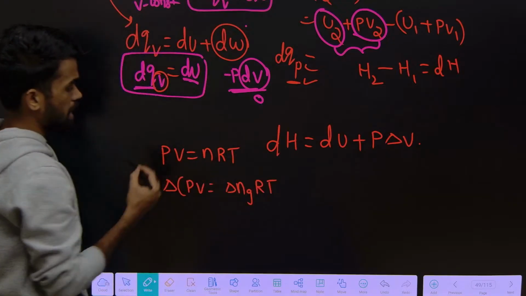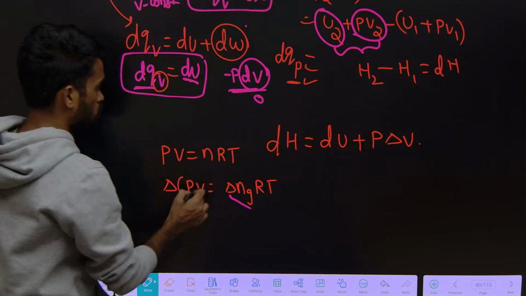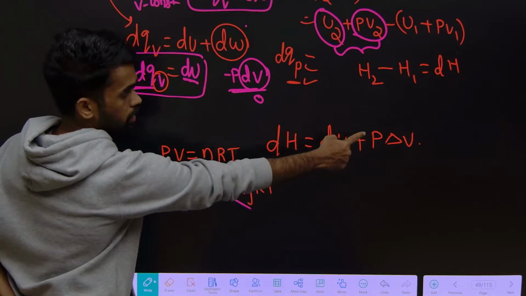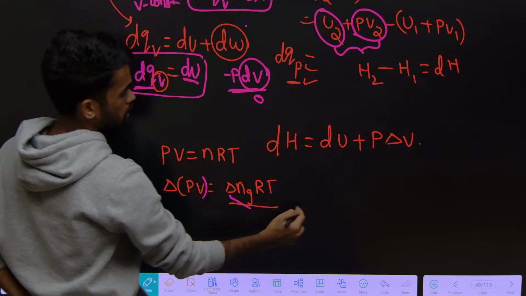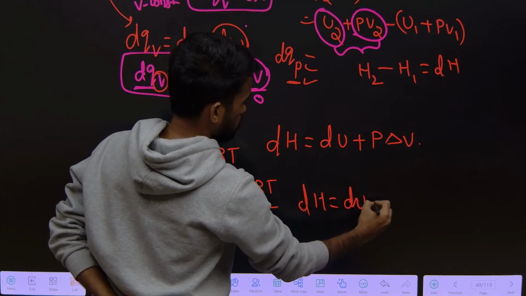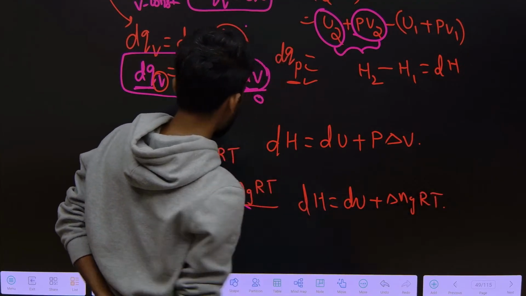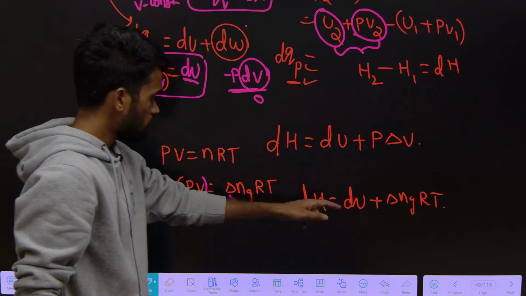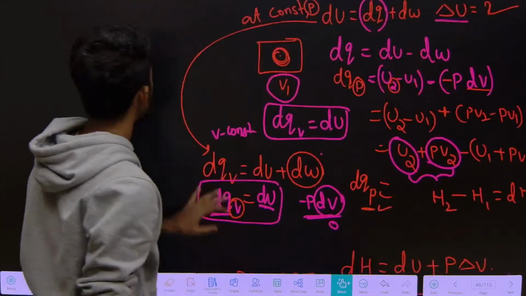Since it is an ideal gas, I am writing it as Ng, gas. So in place of PdV I can write delta NgRT, that's it. This is a very important equation, dU plus delta NgRT. So this equation we need to use for solving this kind of question.